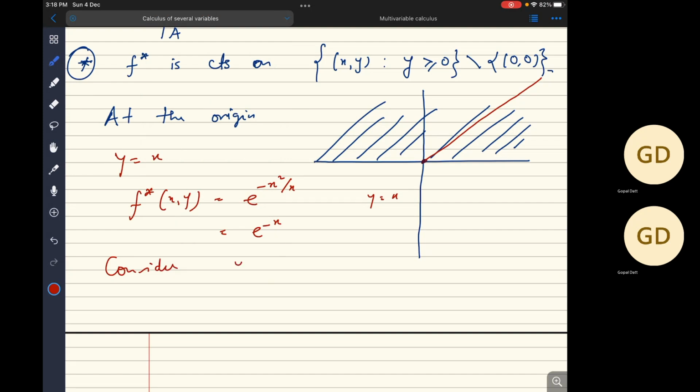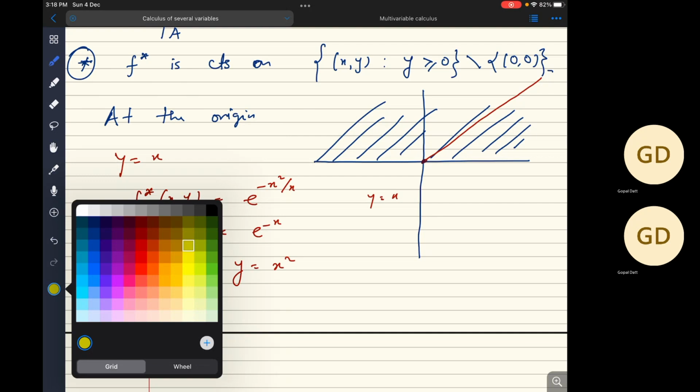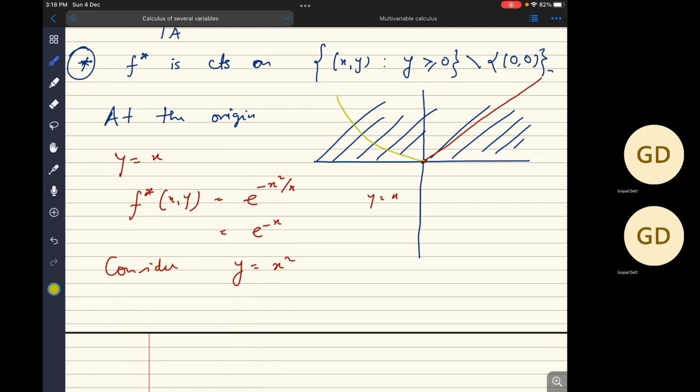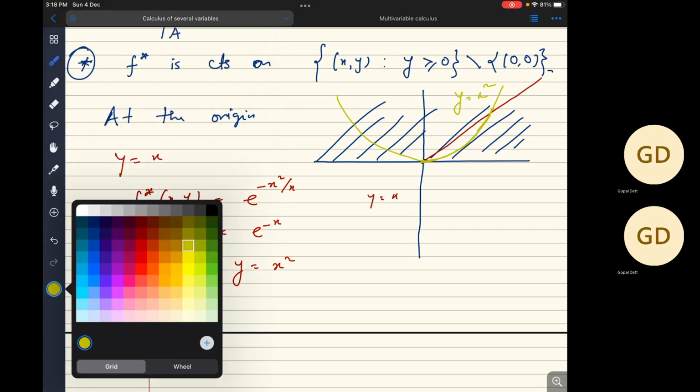Now consider the curve y equal to x square, the parabola. Let me draw it. Suppose we have y equal to x square and these points are tending to the origin along this curve y equal to x square. Then what will happen? Let me see.